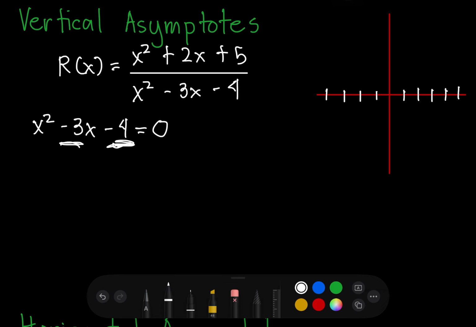Which means, what are the factors of negative 4 that will give us negative 3 when we add them? Since that is negative, the signs of the two factors must be different.